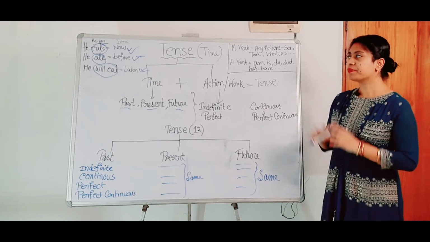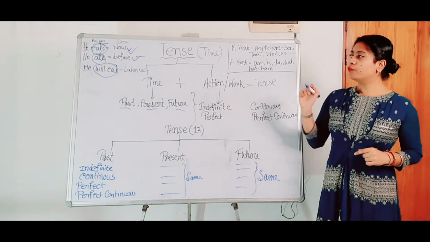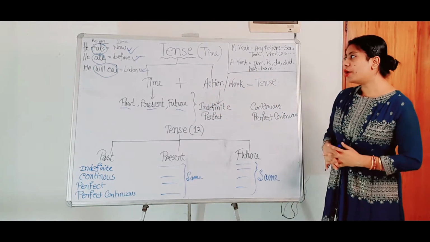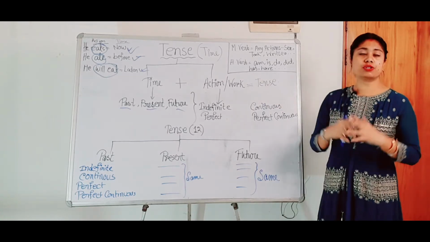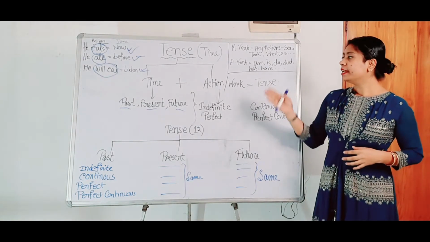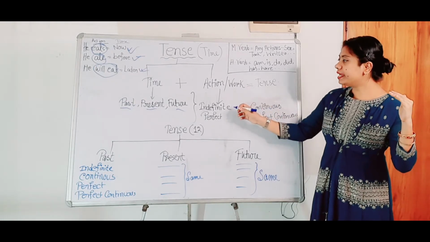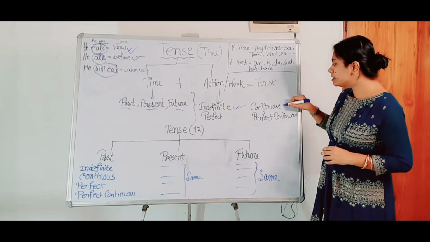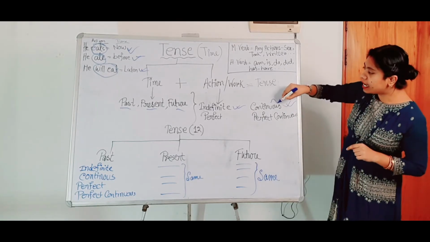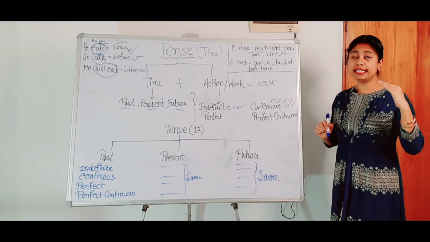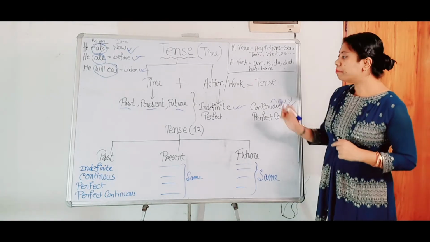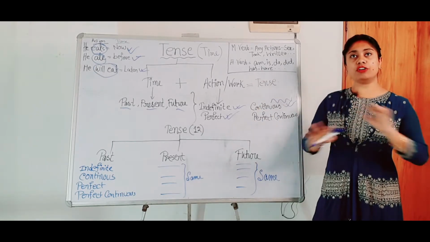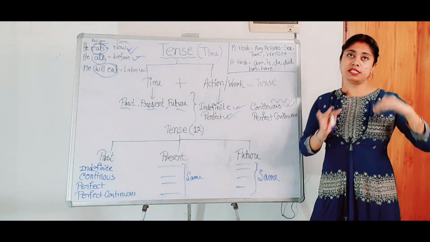Let me explain. अगर मैं टाइम बोलूँ आपको तो वो समझाया जाता है क्या ये घटना पास्ट में हुआ था या प्रेजेंट में या फ्यूचर में, और एक्शन और वर्क जो कि टेंस को डिनोट कर रहा है ये है कि वो जो काम है क्या वो इंडेफिनिट मतलब हमेशा चलता है, इज इट द हैबिट, या फिर क्या ये कंटिन्यूअस, क्या ये अभी चल रहा है, क्या ये रनिंग है, इज इट कंटिन्यूइंग राइट नाउ, और परफेक्ट मतलब ऑलरेडी डन, is it already completed, already done, just now or just before few minutes?